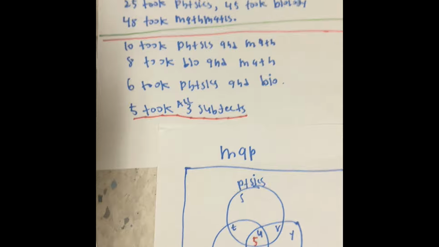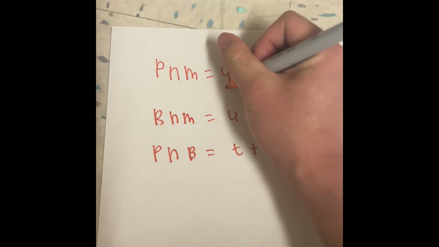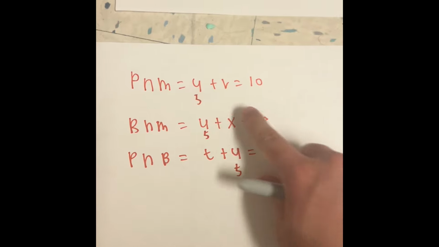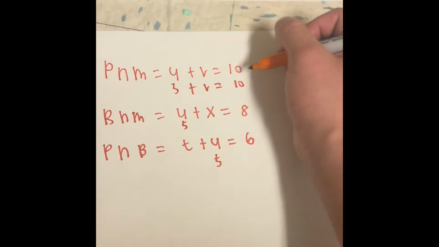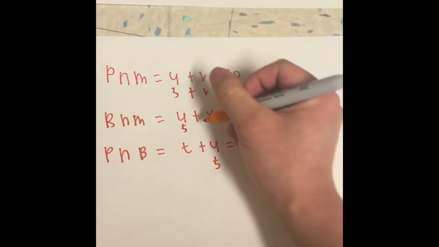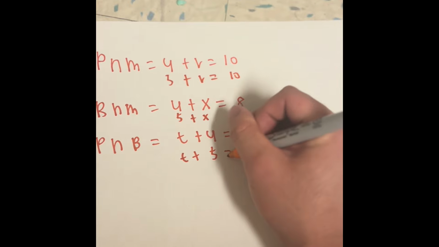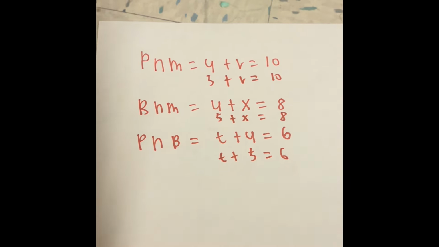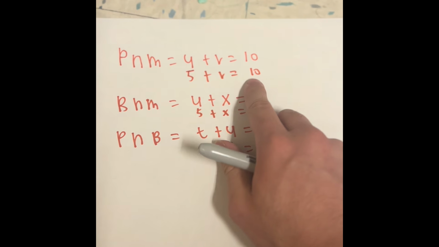So going through this process, using the number 5 denoted as the letter U, we can substitute 5 here, and here, and here, and try to use an algebra problem to get to the results of the intersections. So here's what happens. 5 plus the variable V equals 10.